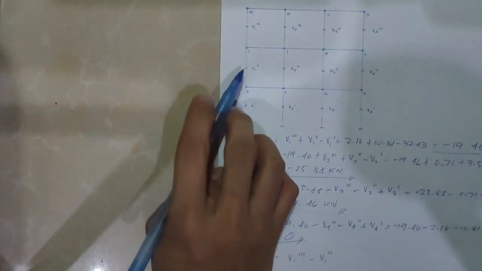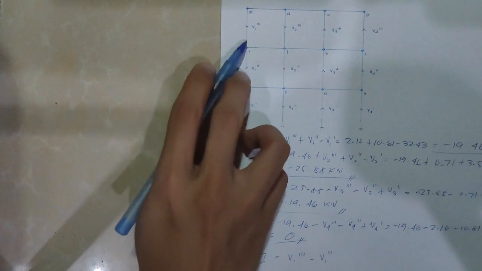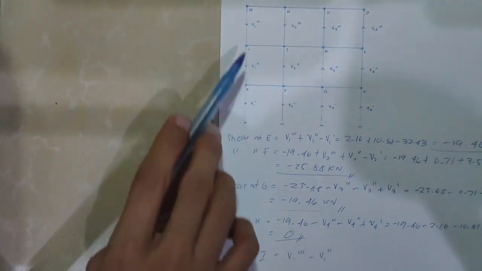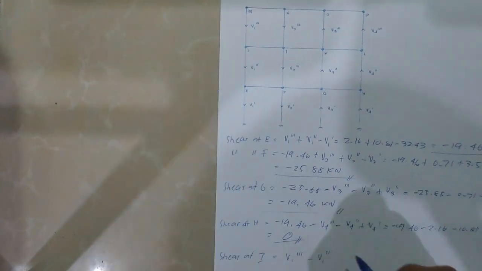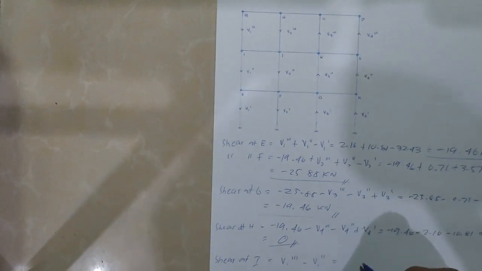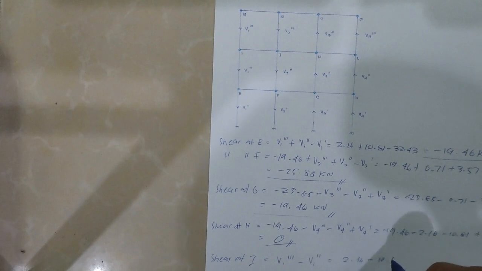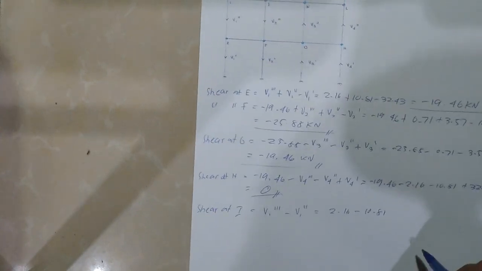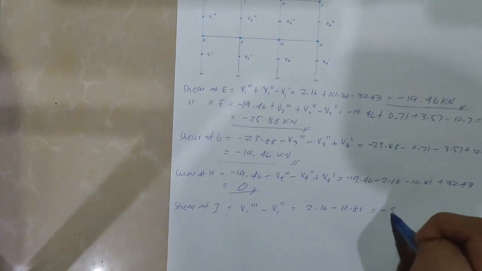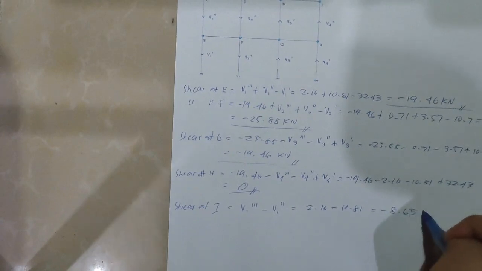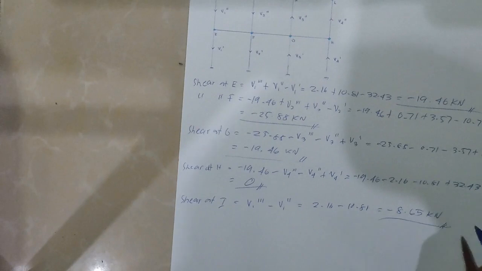This one is going away, this one is going towards the point, so the first is positive and the second negative. That is 2.16 minus 10.81, so we get negative 8.65 kilonewton.